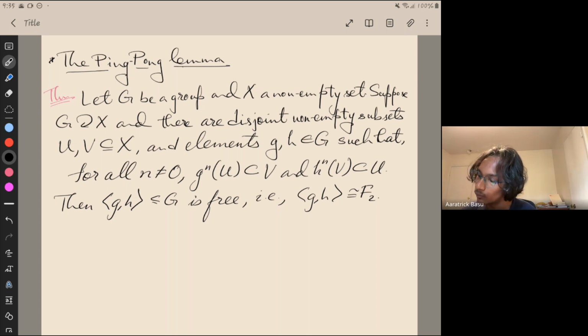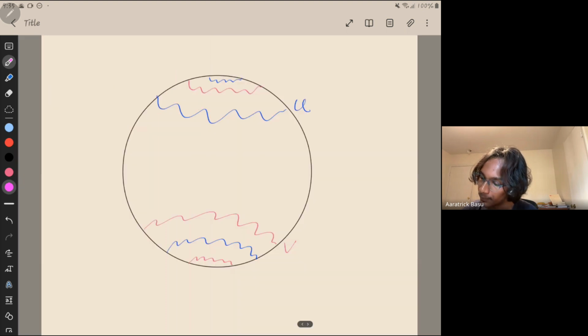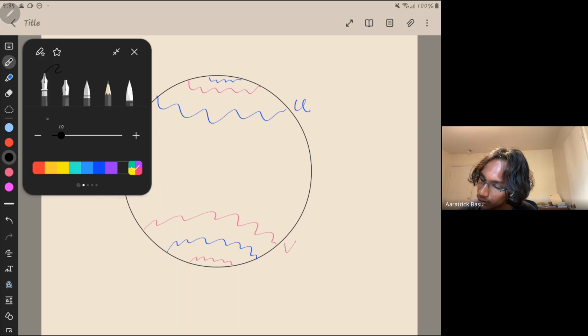But okay, so what was this bit saying? That G to the n pushes U inside V, and H to the n pushes V inside U. So this is a pictorial representation. Let me switch colors.